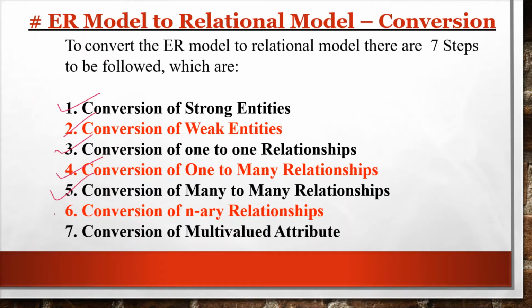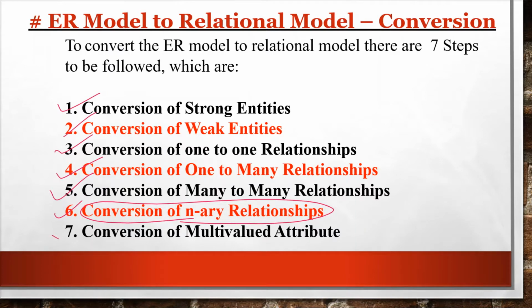Next we have conversion of n-ary relationship, because n-ary means we have more than 2 entities participating in a relationship. If we have 3 participating entities, then it is a ternary relationship, if we have 4, and so on. For all those, the same rule will be followed, rule number 6.